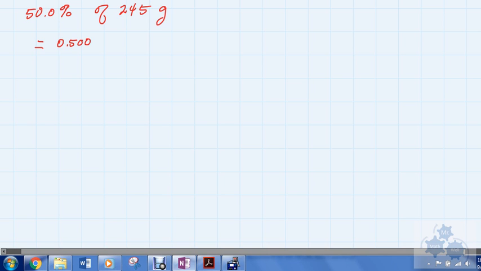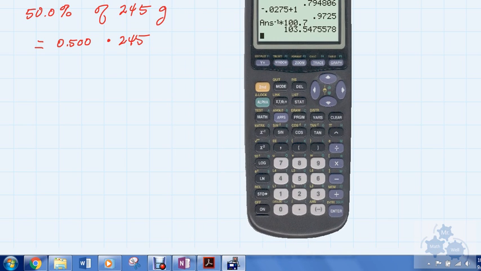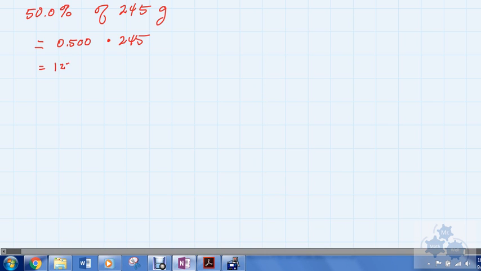And notice there's 3 sig figs here, so I retained 3 sig figs when I changed it to a decimal. And I have to multiply that by 245. So, if we do that, 0.500 times 245, we get 122.5. Now, when we're doing calculations, I've always told you to use the fewest number of sig figs in any of the measurements that were given, right?